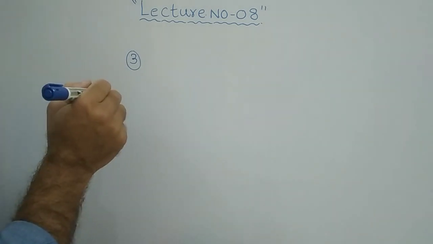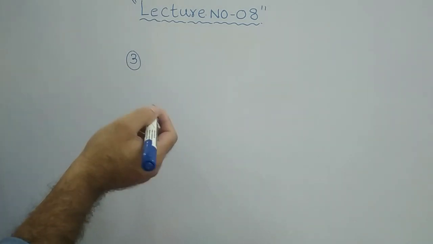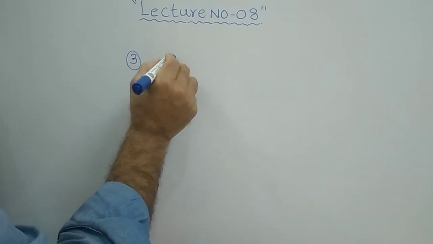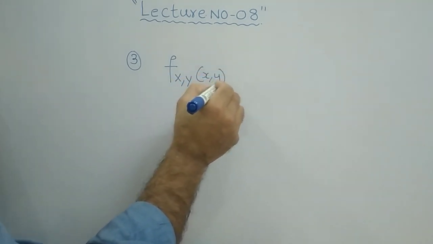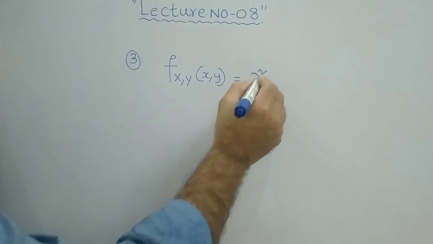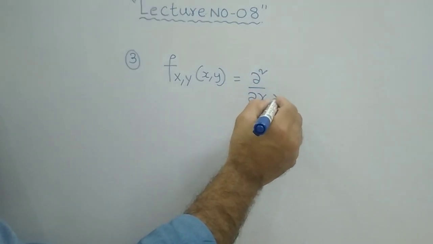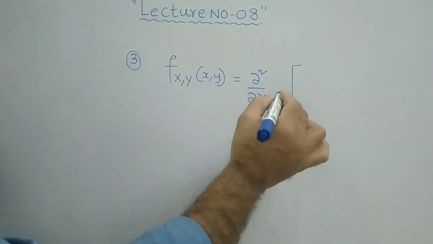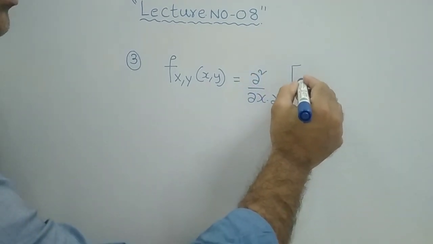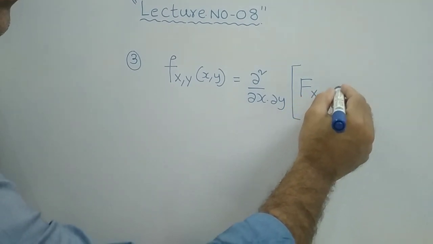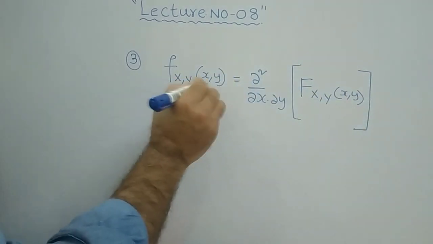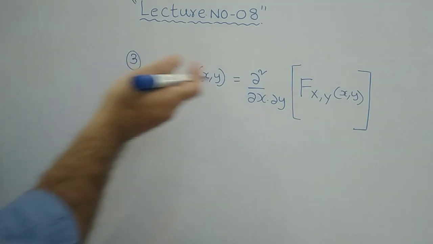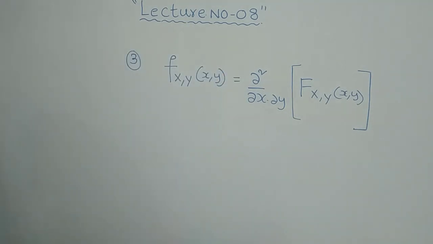As you know the definition of the distribution function, or otherwise directly I can tell you that small f of x comma y is equal to del square F of x comma y by del x del y. This is definitely from the definition of the density function that you can take as the third property.